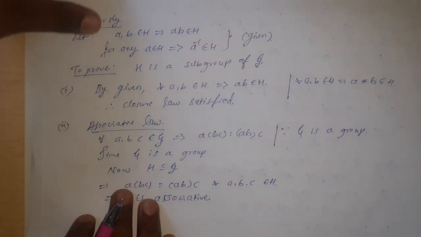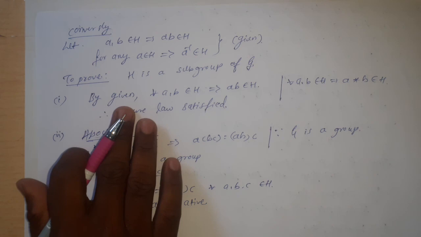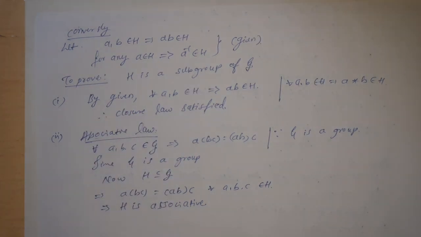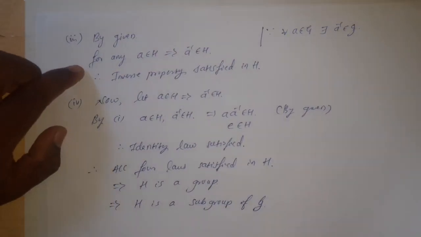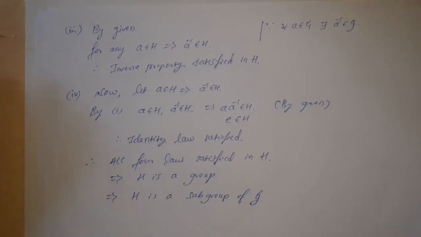So, here we have proved closure law, associative law, inverse law and identity law. Hence all four are satisfied, which means that it is a group, and it is already given that it is a subset of G. So, if it is a subset, then it is a subgroup if it is a group. Therefore, we have proved H is a group, hence it is a subgroup of G.